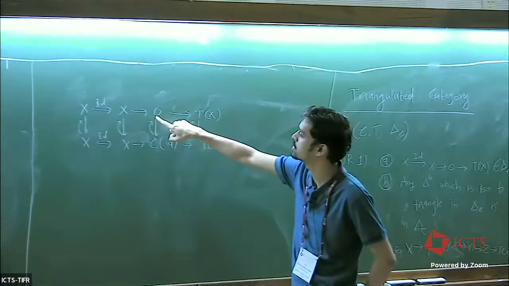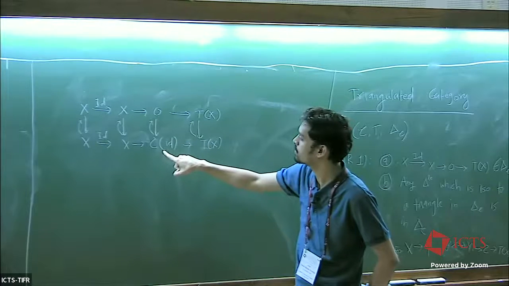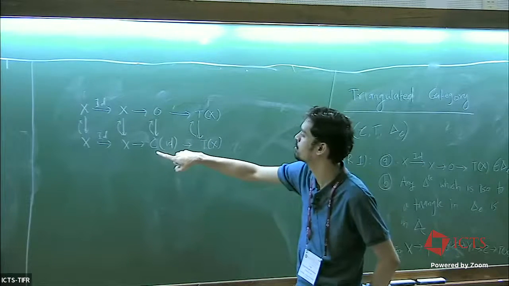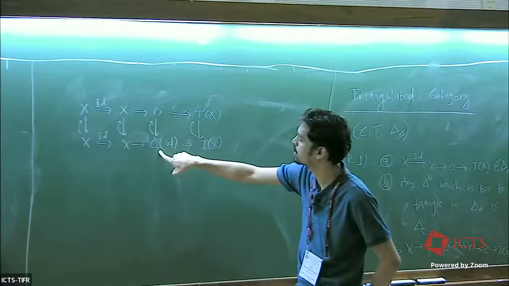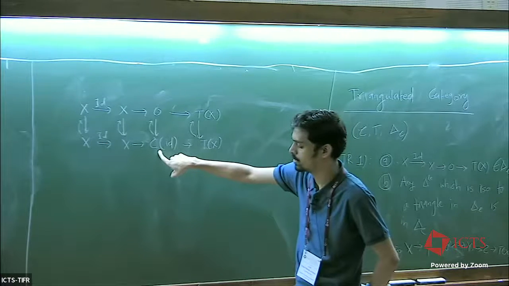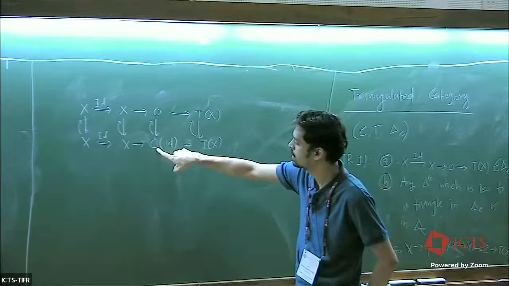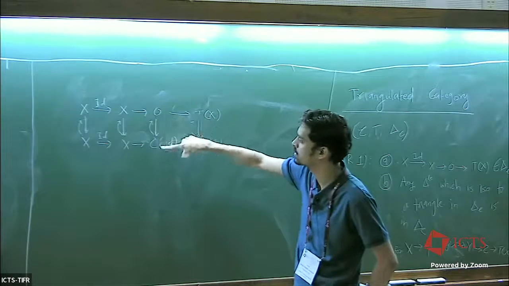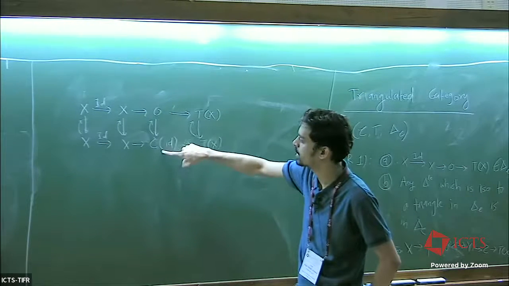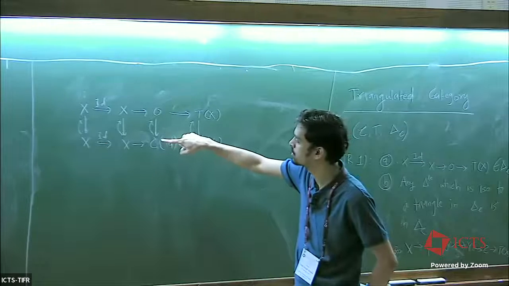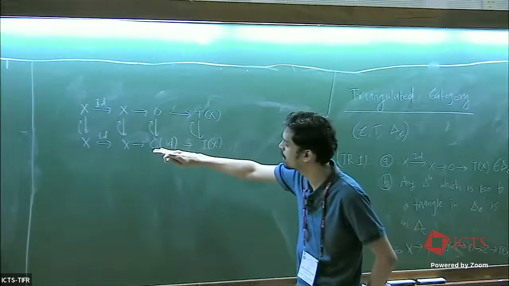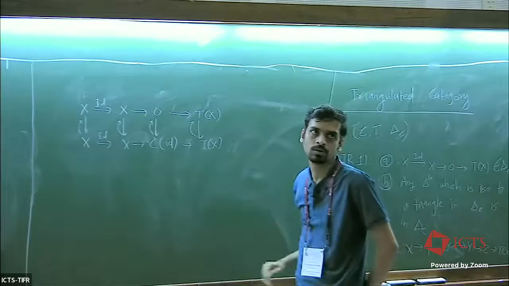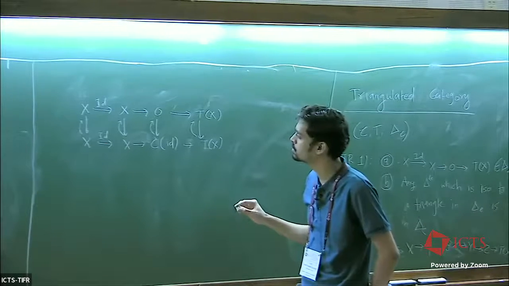This composition is zero. So the only thing that you have to verify is that if you start with the cone of this identity, this complex, if you go up, that's just the trivial map 0. When you come back, that map is 0. So this 0 map is homotopic to the identity map on the cone. That's what we have to show.